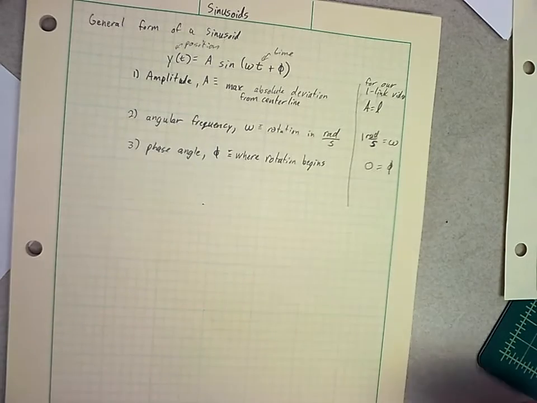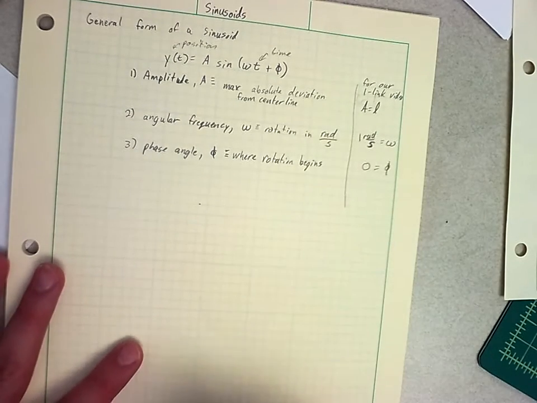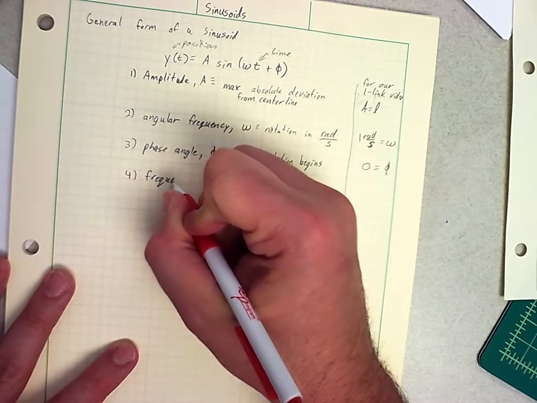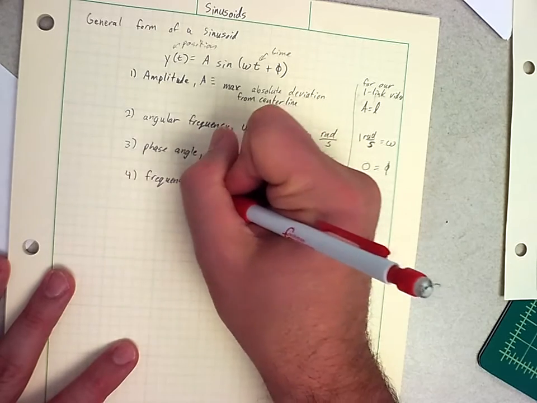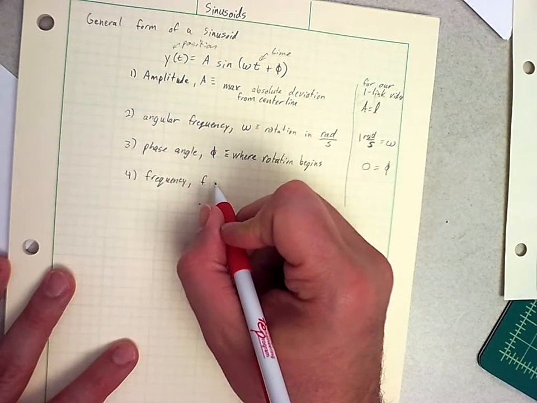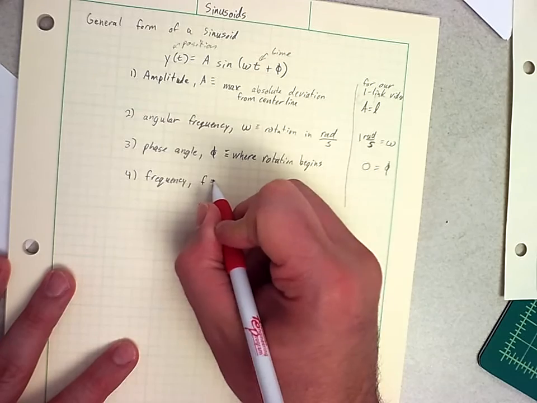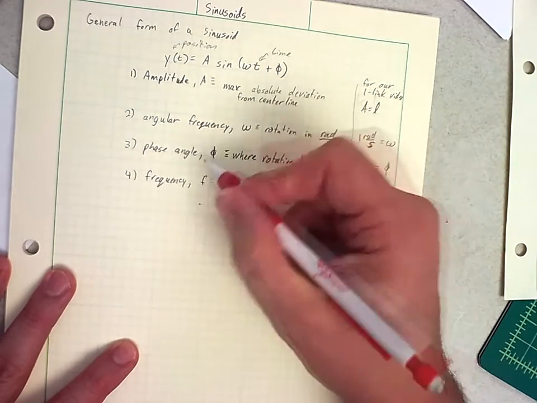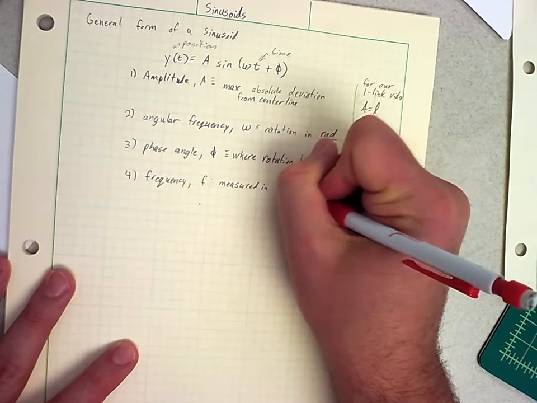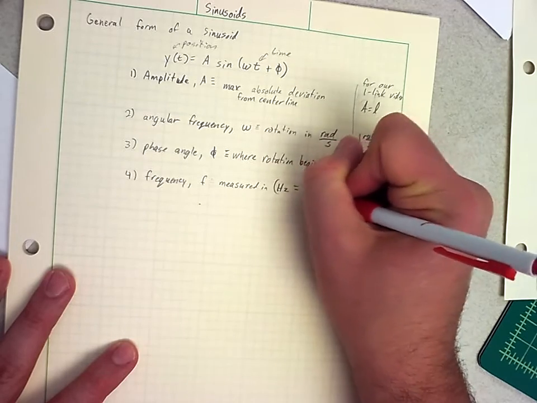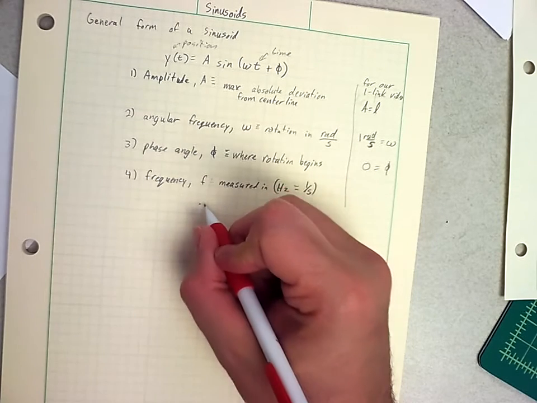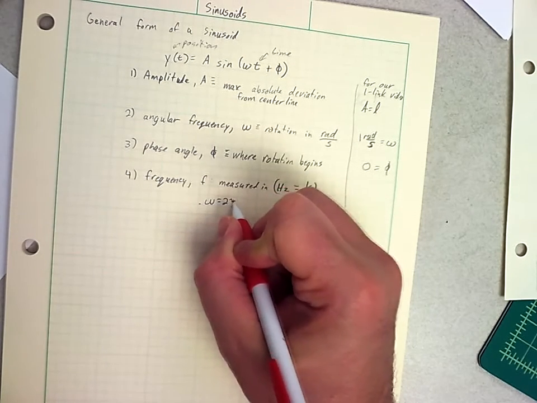Now, there are some other things they talk about with regards to these that play into the other parts. You might hear the phrase frequency, which we use an F for. And it's usually measured in hertz. And if you don't know, a hertz is 1 over a second. Basically the way we get at that is that omega is 2 pi times the frequency.